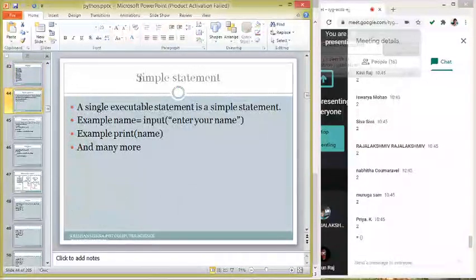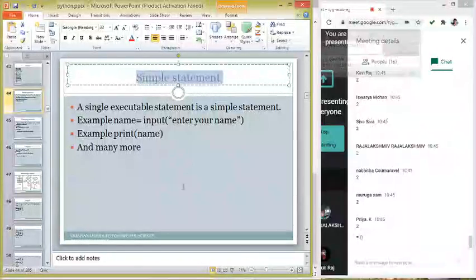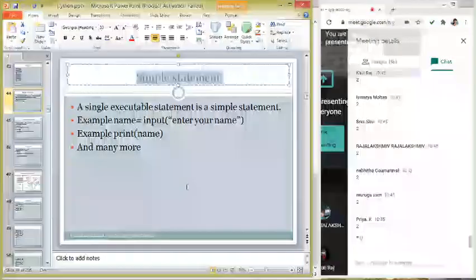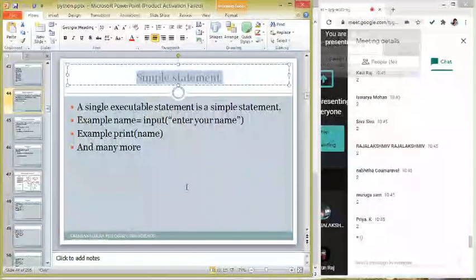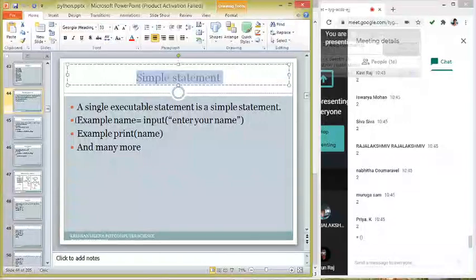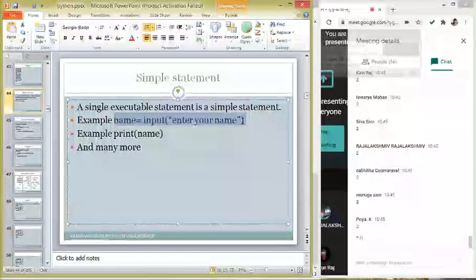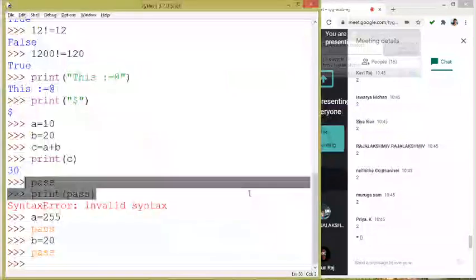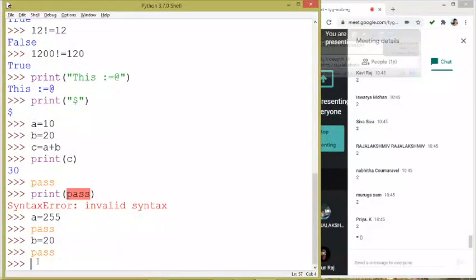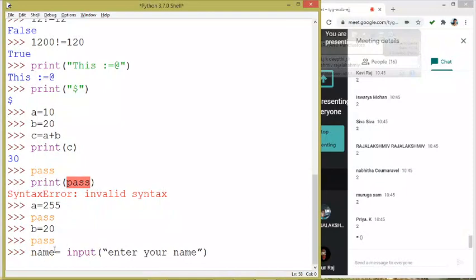Now the second is called a simple statement. Whatever you write in Python programming is called a simple statement. For example, A is equal to 10, simple statement. B is equal to 20, simple statement. If you write name is equal to input your name, and run this, it will ask you to enter your name.